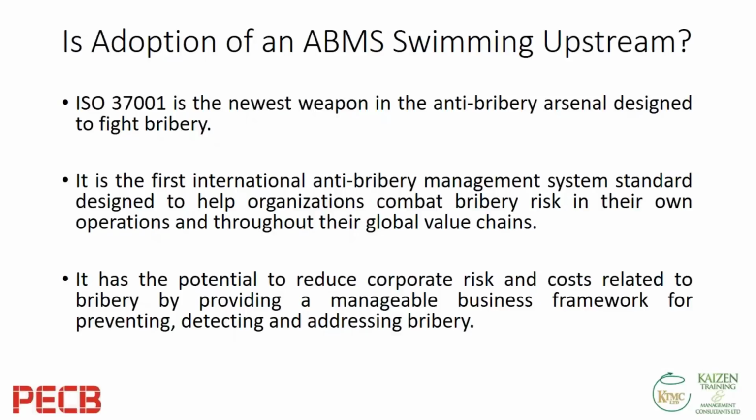Hence, resistance may very well be lower than one would have thought. It has the potential to reduce corporate risks and costs related to bribery by providing a manageable business framework for preventing, detecting, and addressing bribery.